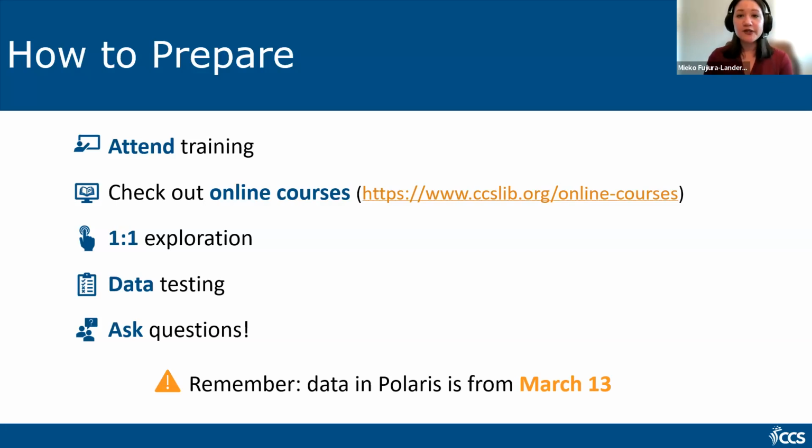And then I want to plug for one-to-one exploration. This will be like looking at a record in Sierra and then comparing the record in Polaris. It's just going to help you understand how the data migrated and the differences, how the two ILS systems present that data.